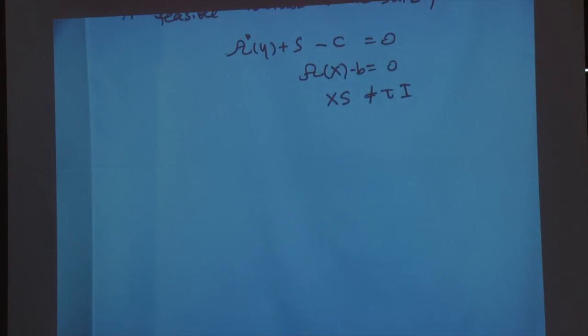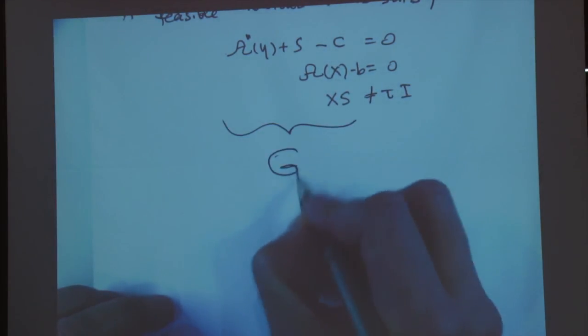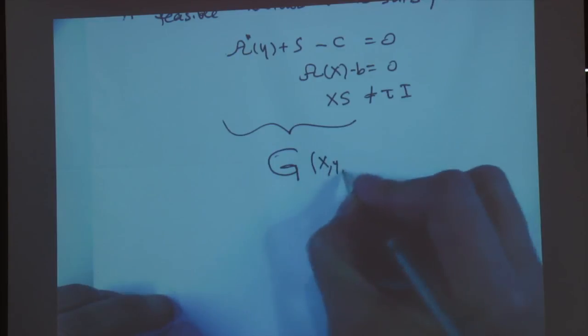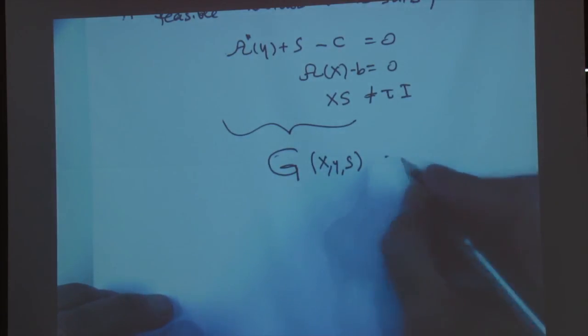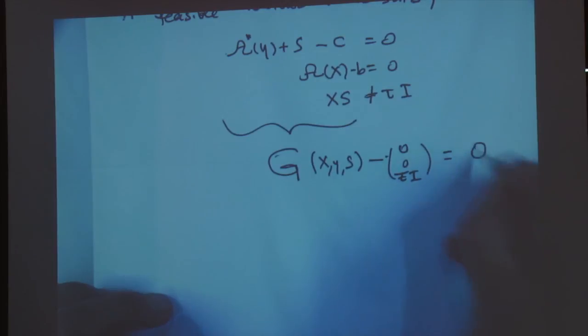This is exactly the same, a similar thing to what we had in linear programming. So what would be the natural linearization? Think about this again as our g function, g of x, y, s. We want that minus 0, 0, tau I to be equal to 0.